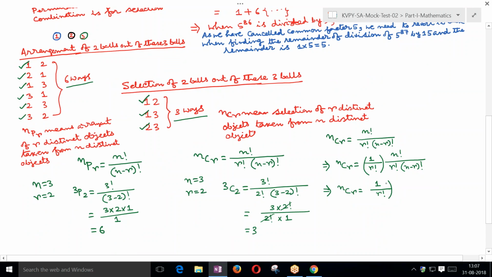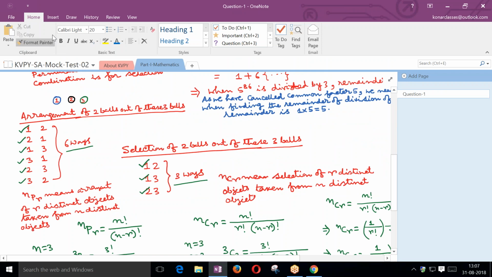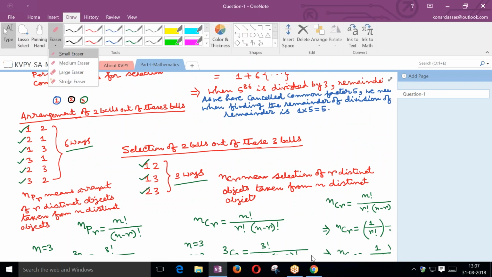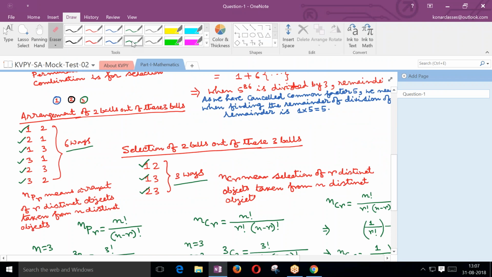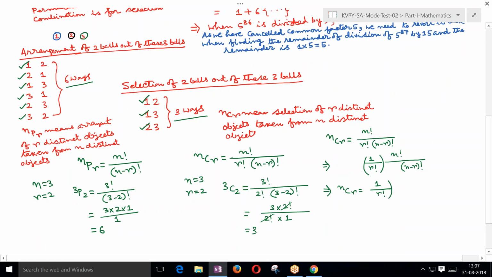So what we can write here is, I made a mistake here, as I said. So it will be like this: n factorial by n minus r factorial. So anyway, here it will be NCR. So what is coming? 1 by r factorial into NPR.